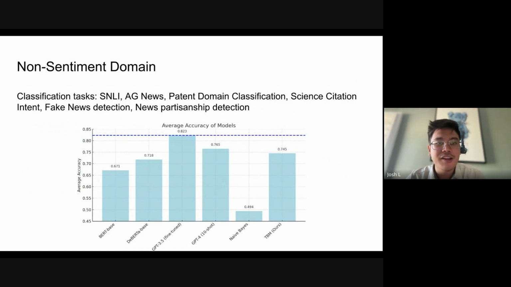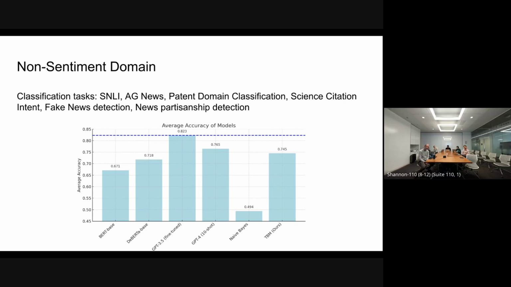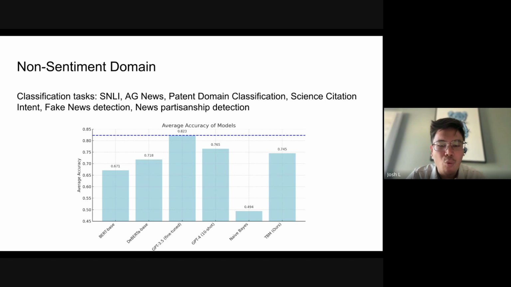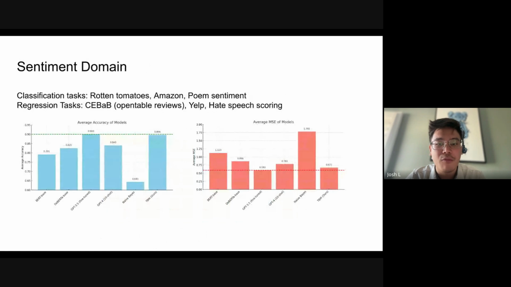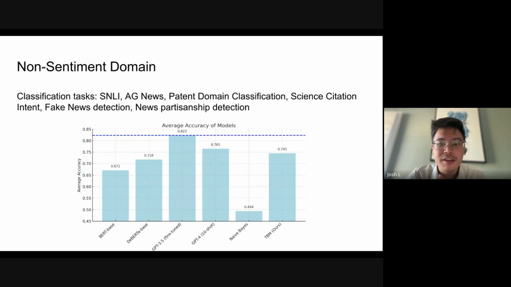But then the story changes when we look at its performance on non-sentiment domains, and this includes things like SNLI, AG News, patent domain classification, scientific paper citation intent, fake news detection, as well as partisanship detection in news. You can see that the performance of the model is now well below the performance of doing few-shot on GPT-4, which is quite interesting because for the TBM itself, the results that we've been showing so far, we're using GPT-4 for concept generation and for concept measurement.